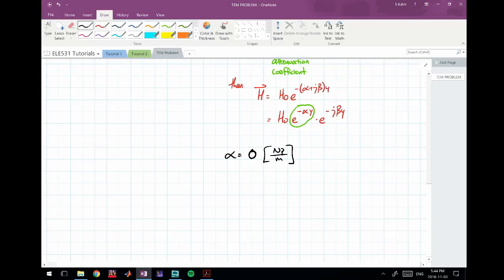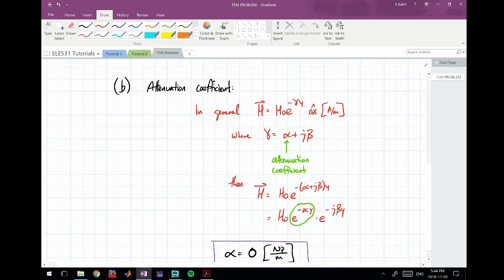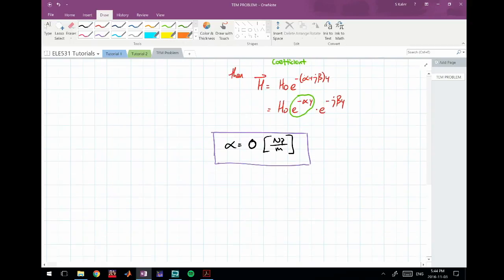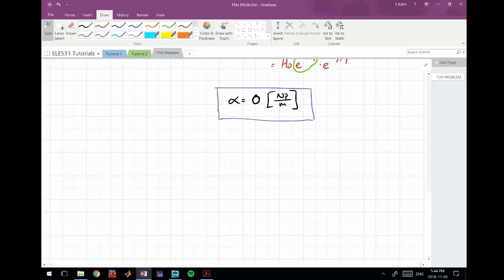It's called Nepers, or Nepers per meter. And units aren't all that important when it's 0, but I guess you still always want to include units. So just by directly comparing and realizing that the thing is defined in a certain way, we can figure out what it is, and it's 0. Right off the bat, you can see that. You probably don't even need to go through all this explanation, but this is for you to realize that there's a reason that it's 0, and I'm not just arbitrarily choosing it to be 0.